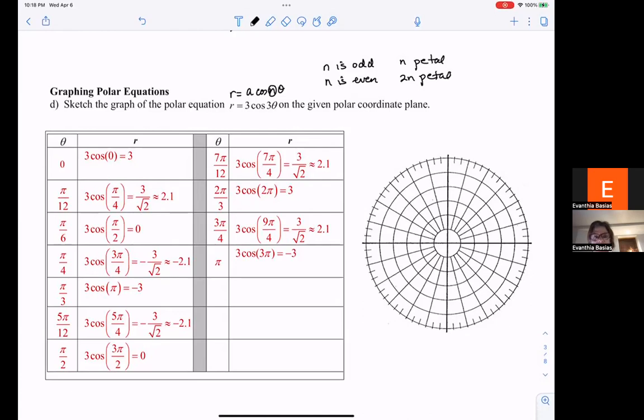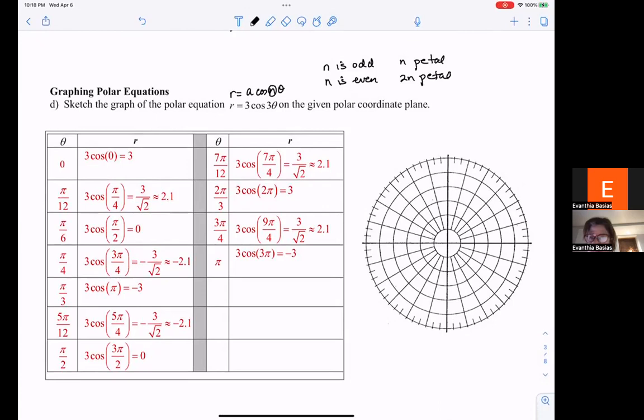And what's interesting here, and the reason why I picked this particular one, is that the complete rose is graphed from 0 to pi. And when we go around again from pi to 2 pi, we go over the rose again. So that we will need to remember when we get to area of roses, or getting the area of one petal of the rose.